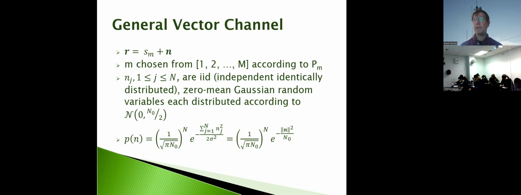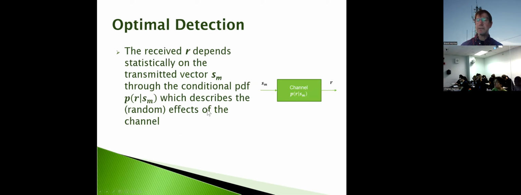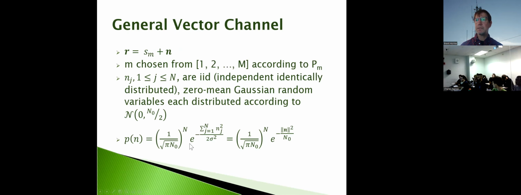We just multiply them together. Up in the exponent, those are just added because they have a common exponent. But for the coefficient up front, this is multiplied N times, right? So this is the Gaussian distribution multiplied on itself N times, or to the Nth power.